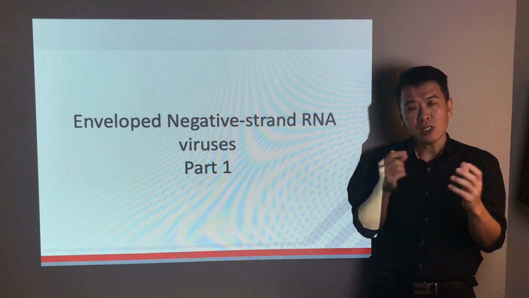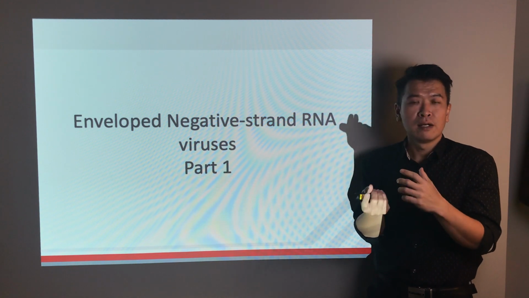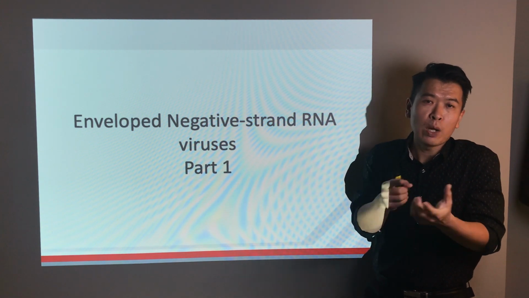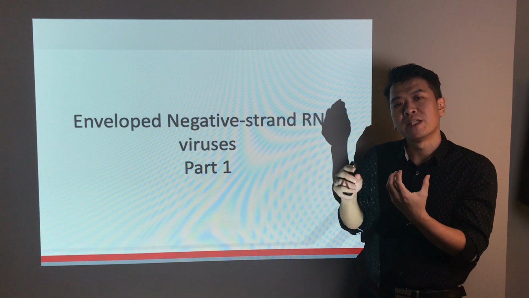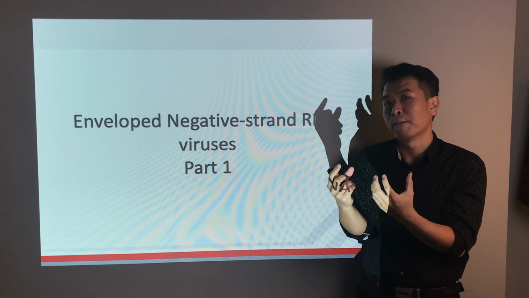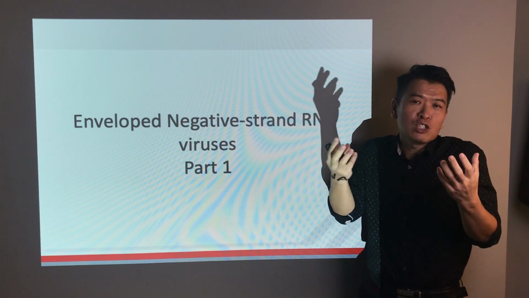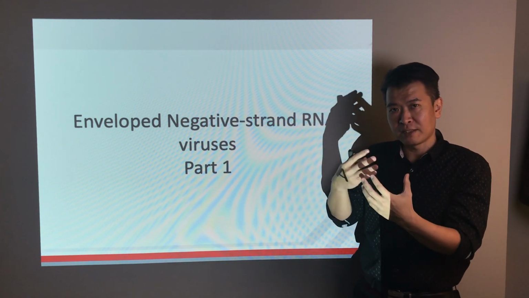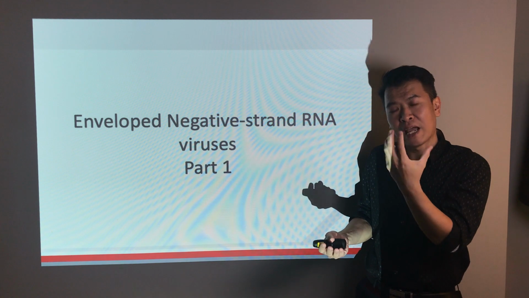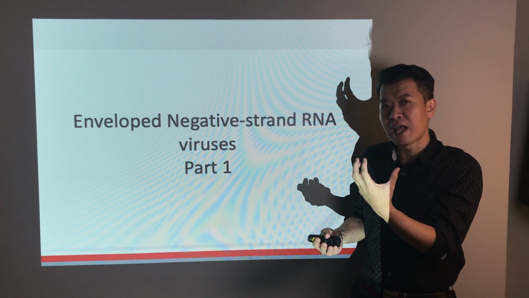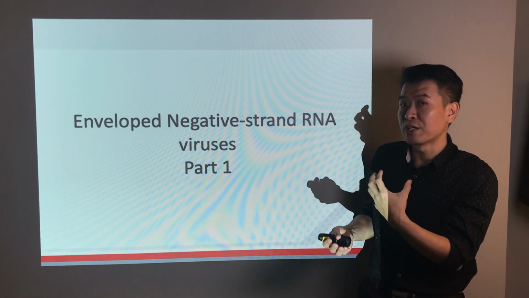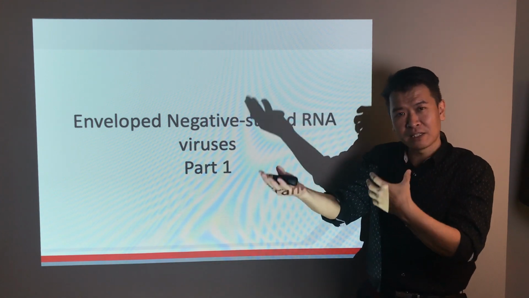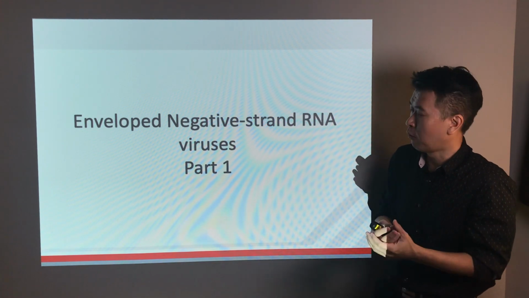Unlike poliovirus, which doesn't have a cap, dengue virus does have a cap. So it basically uses exactly the same translation procedure as the host, where eIF4E binds to the cap and then binds again to 4G and so on and so forth.